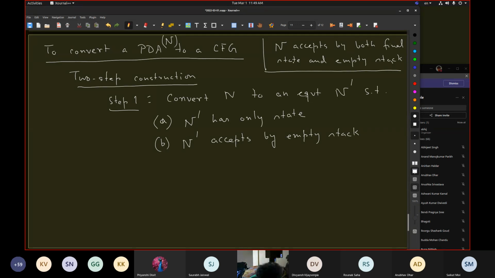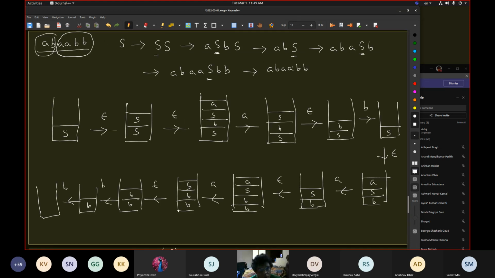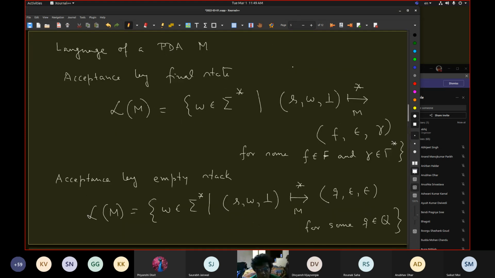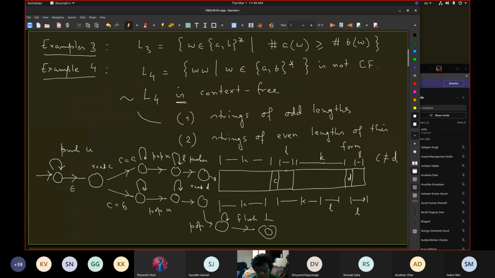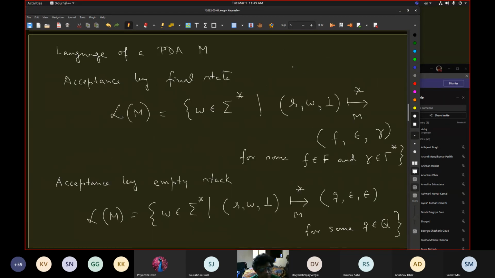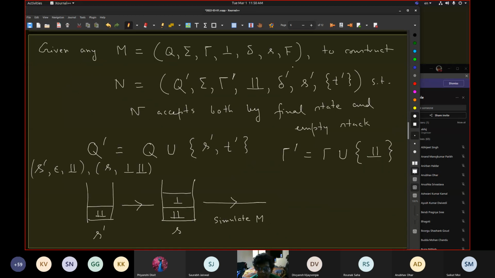Again, that construction also allows me to assume that there is a single final state T. This is what I have already done, right? Somewhere later. Yeah, so it's a unique final state.